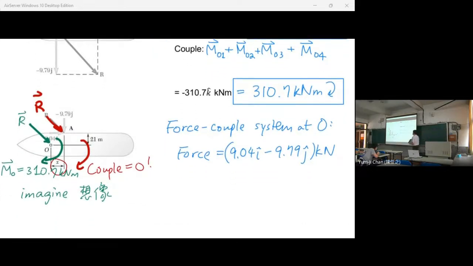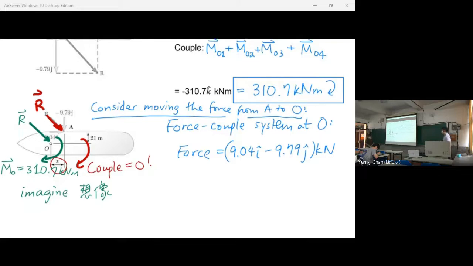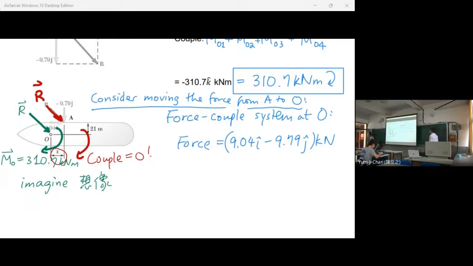This is the force part. We imagine the force moving from A to O. Now the force part does not change. It is 9.04 i minus 9.79 j kilonewton.